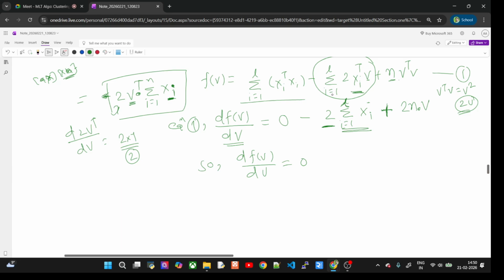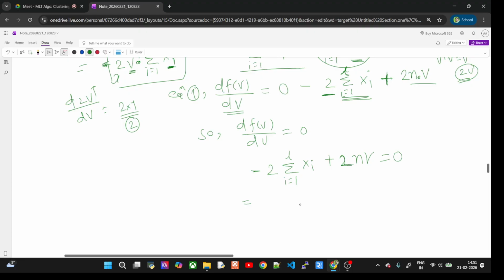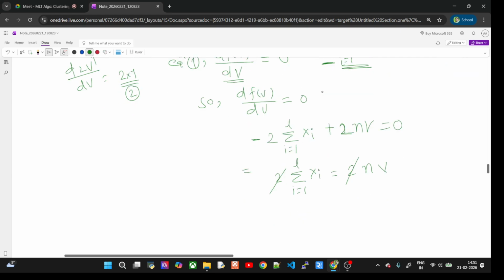So what will happen is nothing but minus 2 into summation of i equal to 1 to L xi plus 2 n v, and this value equals 0, because I'm just equating to 0. That is nothing but summation of i equal to 1 to L xi equals 2 n v, so these two and these two will get cancelled, correct?